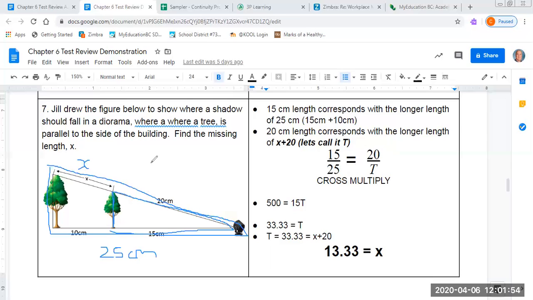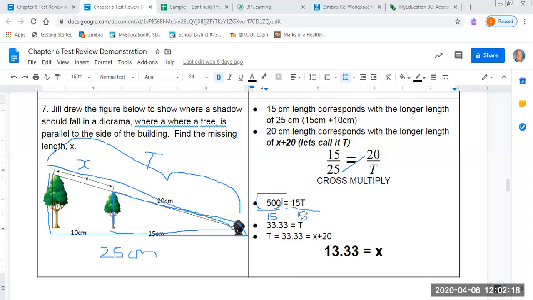And then collectively, I'm trying to figure out what T is, which is the whole length all the way from here to here. To find this, I would multiply 25 by 20, which is going to give me 500, and then divide it by 15. Obviously, I would divide both sides by that to find out what T is.